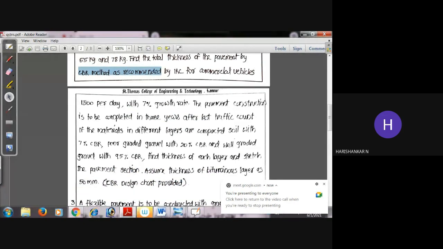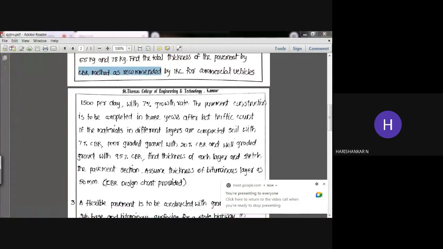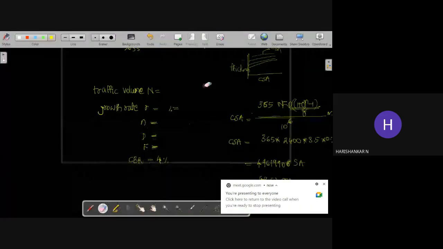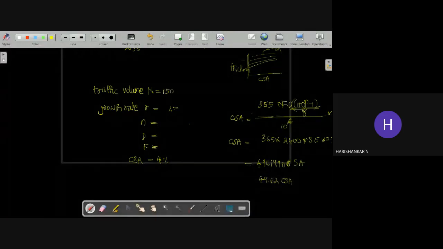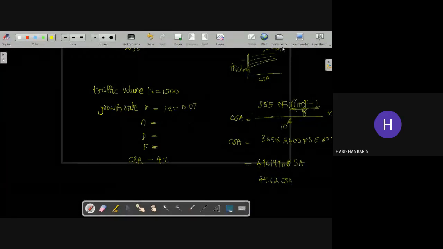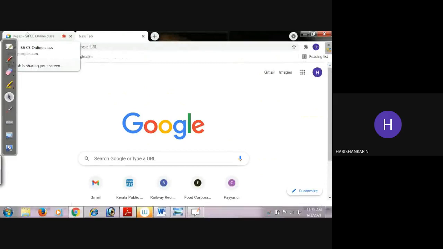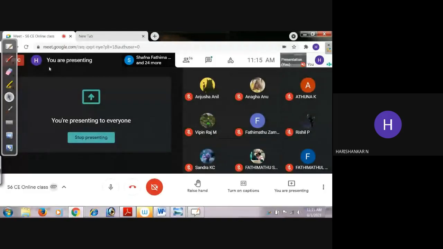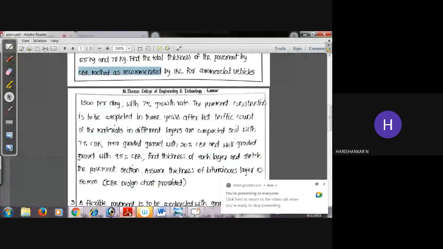Okay, 1,500 per day with 7% growth rate, and in 3 years after last traffic count. Okay, here you will have extra 3 years.